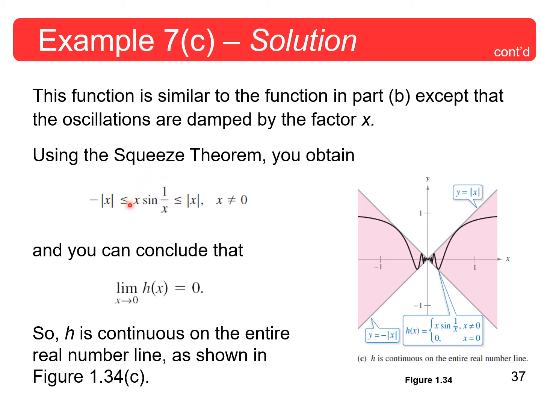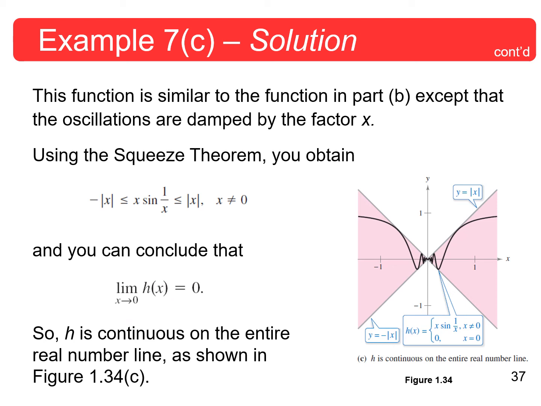We know that this expression here is greater than or equal to negative of absolute value of x and less than or equal to the absolute value of x, where x here is not 0. And then using the squeeze theorem, if you take the limit as x approaches 0 on this side and on this side, they're both equal to 0. So we therefore conclude that the limit of this function here as x approaches 0 is 0.